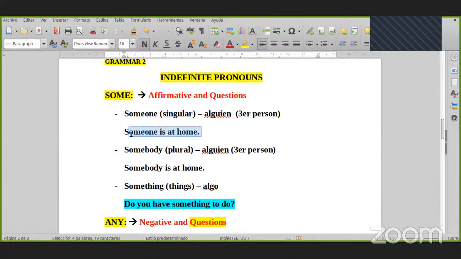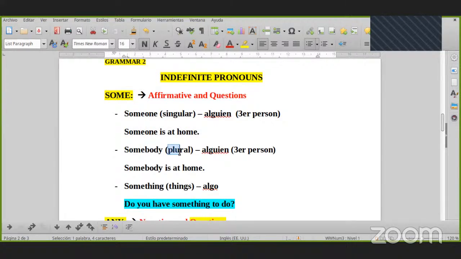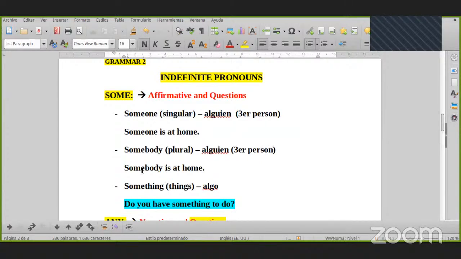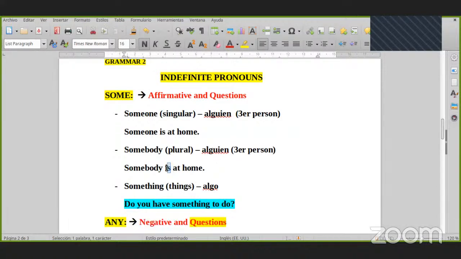The second variation that we have for some is body: somebody. It means alguien, and it is also considered a third person. If I want to say somebody is at home, it's impossible to use are, even though many people say it, because somebody seems plural, but we have to use is. It works as a third person.